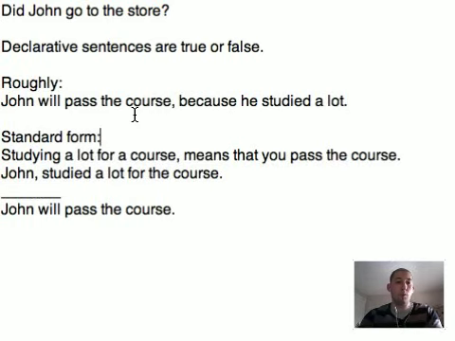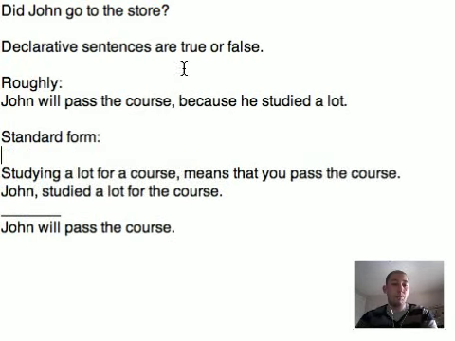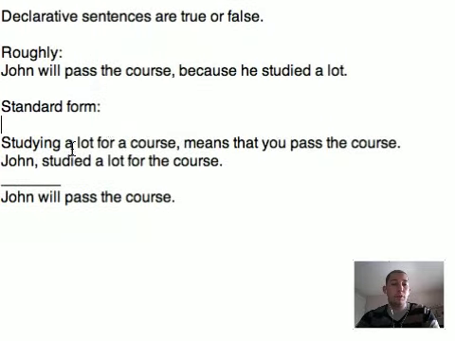Okay, so in standard form what you do is you have one or more sentences, which we will call premises, and I'll write that down again in a second. And these sentences, or these premises, are supposed to support the conclusion.